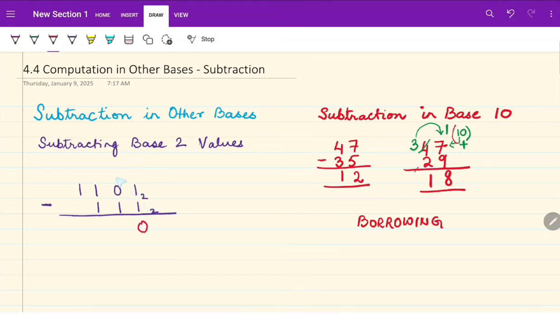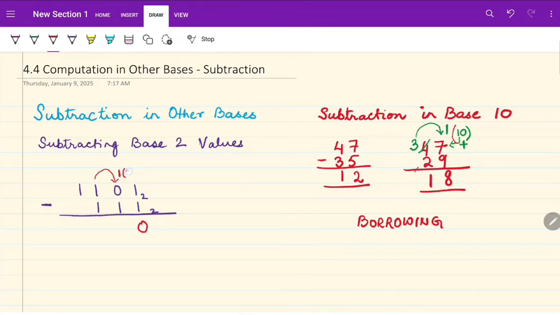And then we go over to the column to the left. It's 0 and 1. So 0 on top and 1 at the bottom, right? So we need to borrow a bundle of 2s from the left column. So here we have 1. So I'm going to bring this 1 over here, all right? Bring this bundle, one bundle of 2s, so to speak, because we are working in base 2, and we are going to unbundle.